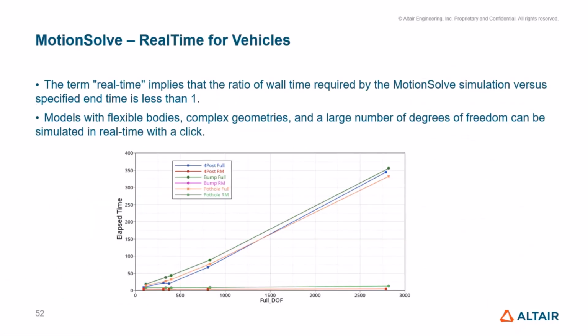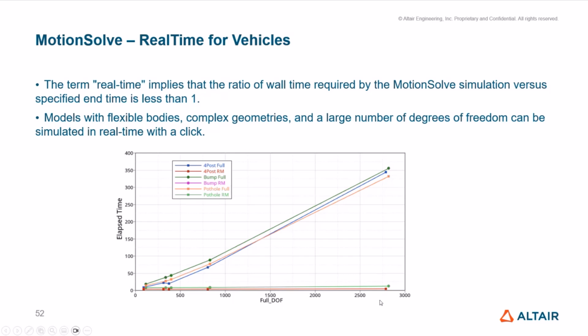Not all step sizes are real time. Overall, you can expect the simulation wall time is less than the end time. The advantage of using real time is you can include all flex bodies, complex geometries, and a large number of degrees of freedom in the model. And here is a plot showing that the real time is not dependent on the degrees of freedom.